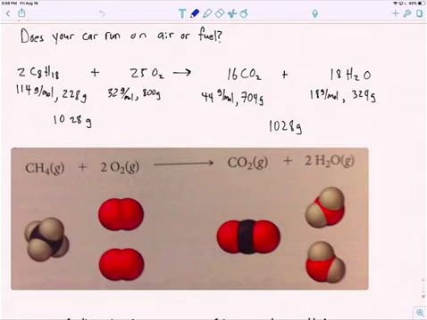And just a couple other things. Notice that you have 200 grams of octane making 700 grams of carbon dioxide. Why is this so much more? Well, it's because carbon is 12 grams per mole, but CO2, carbon dioxide, has 44 grams per mole from the 2 oxygens, adding on that extra mass.